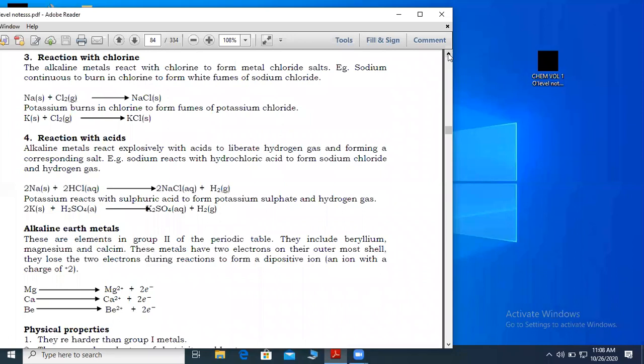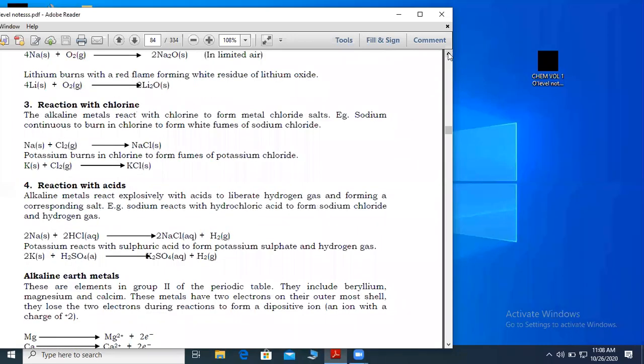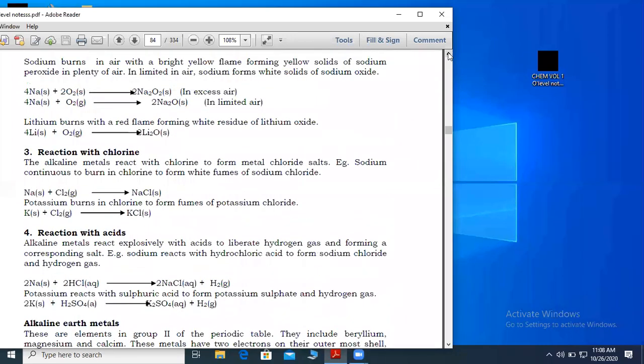So the third equation was between sodium and oxygen. I told you when you were in senior one that this equation is going to appear your entire life. In every chemistry paper that you will do, the reaction of sodium with oxygen, magnesium with oxygen, sodium with water, magnesium with steam, potassium with water, such common reactions.